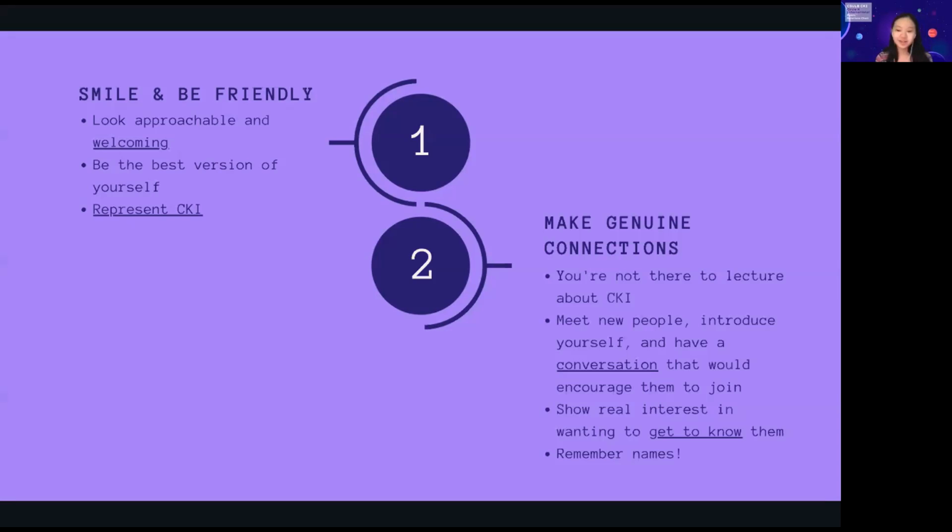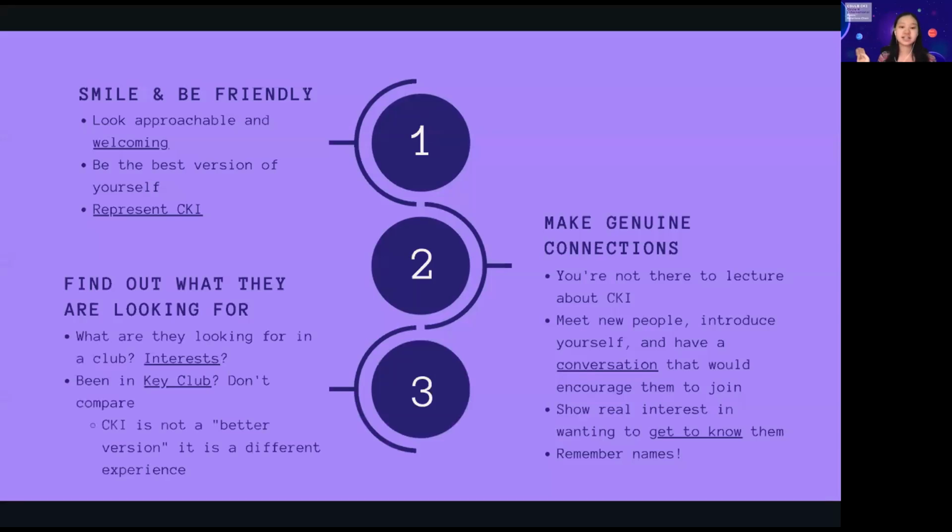And along with that, make sure you remember their names, because then that really shows that you're putting effort into getting to know them, and that you're being real and genuine. And when you see them at the meeting, you could recognize the name and be like, hi, thanks for coming, and things like that. So yeah.